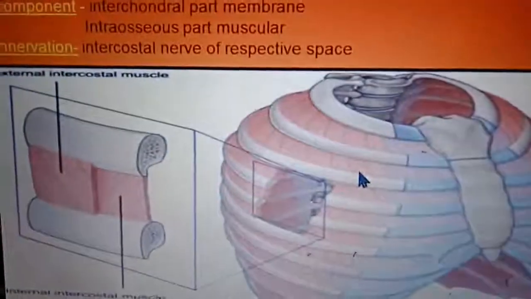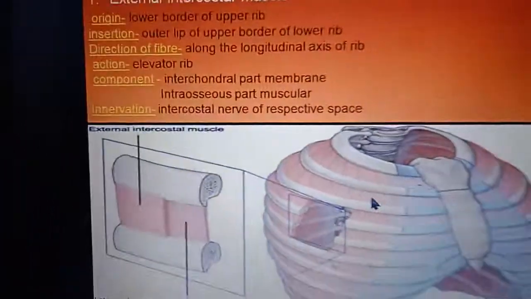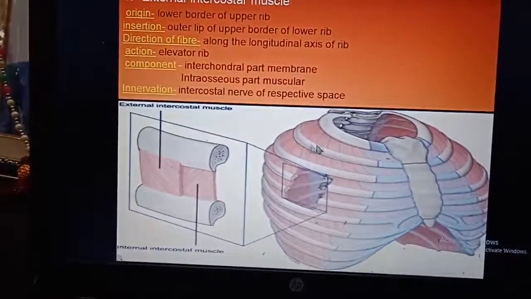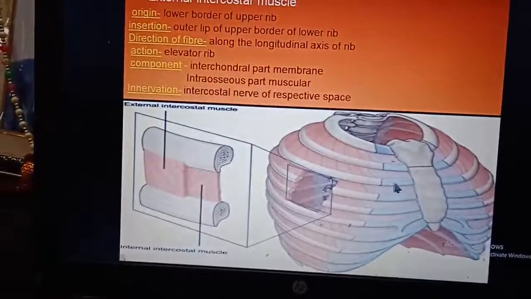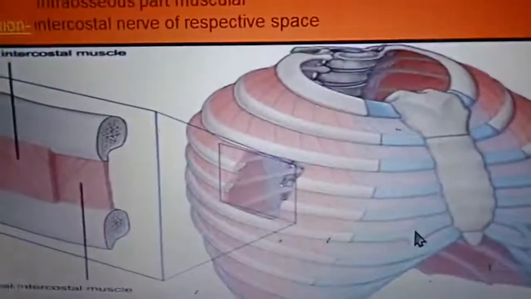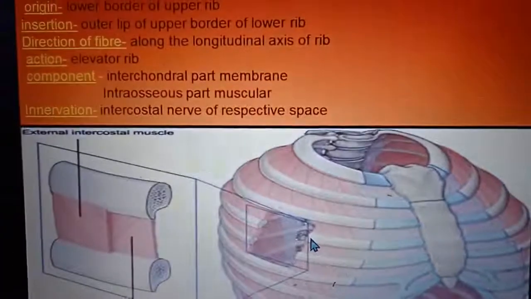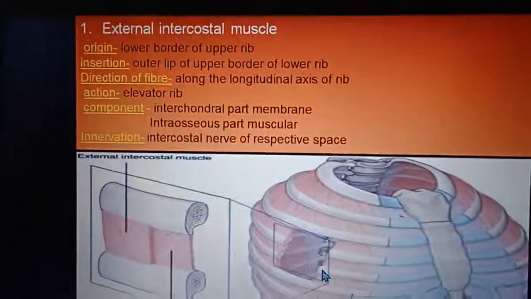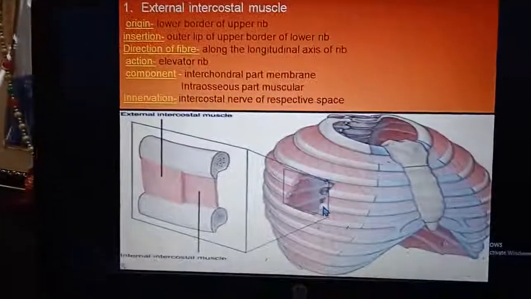We can see clearly the direction of fiber, so it elevates the rib. The components are the interchondral part and the interosseous part. The interchondral part is membranous. Here you can see these are membranous, but in the interosseous part they are muscular. Innervation is by the intercostal nerve of the respective space.